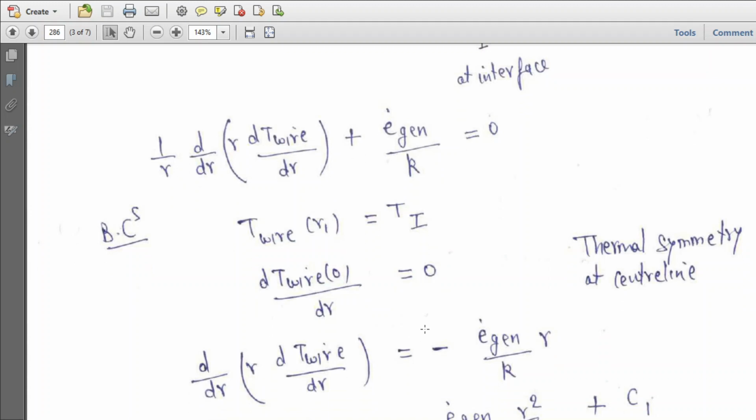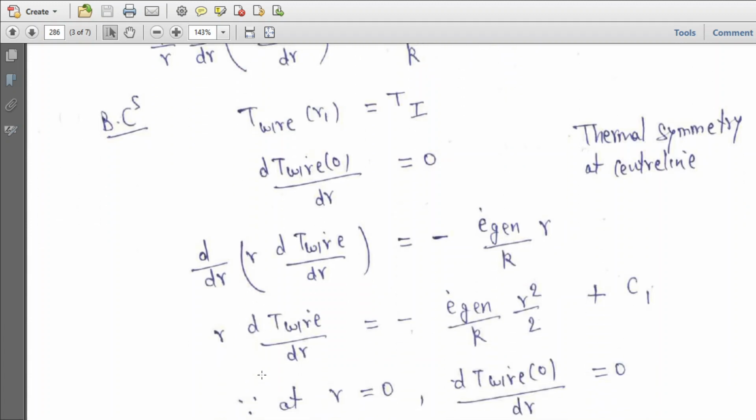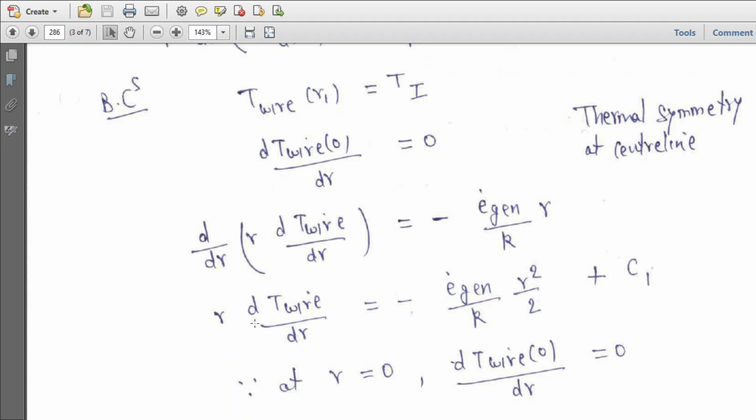Now we have this equation, so we can integrate that. If you integrate that, you will get r dT wire upon dr equal to minus E dot generation upon k times r square upon 2 plus C1. At r equal to 0, dT upon dr equal to 0.